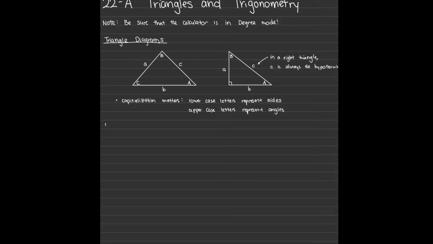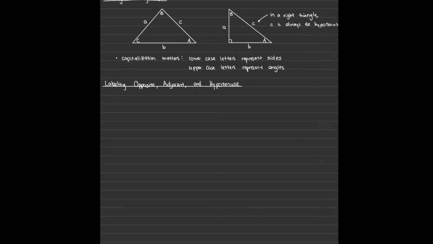So our header is labeling opposite, adjacent and hypotenuse. All right. And the important thing to note here, because I know this is something everybody's always done, the common mistake is thinking that there's only one way to label it.